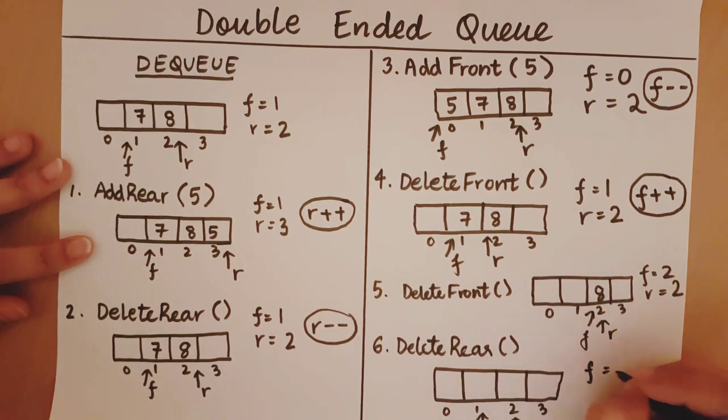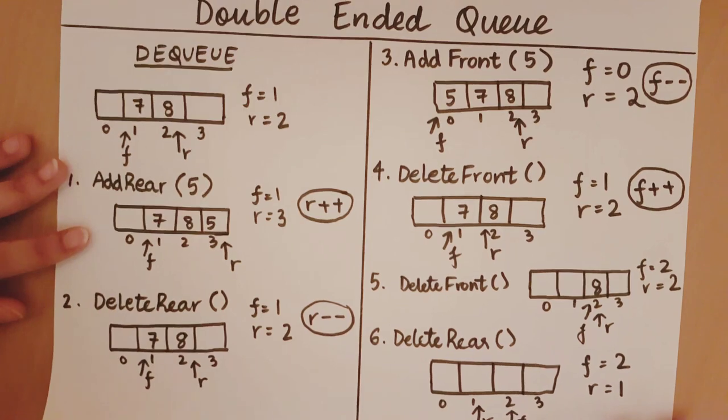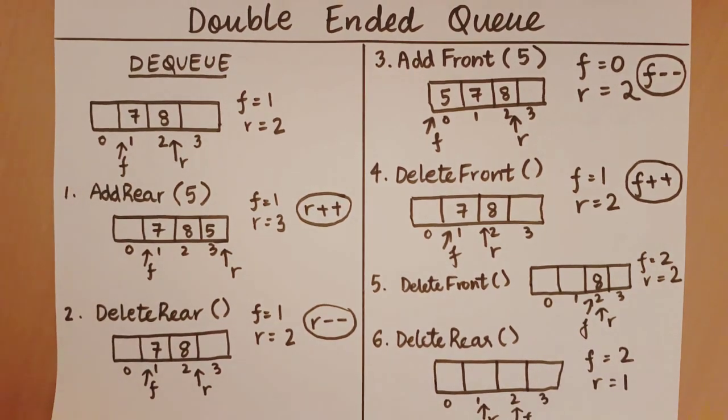Where front is equal to 2, rear is equal to 1. Now essentially, when the front surpasses the rear, the front becomes greater than the rear, then we know that the queue has become empty.